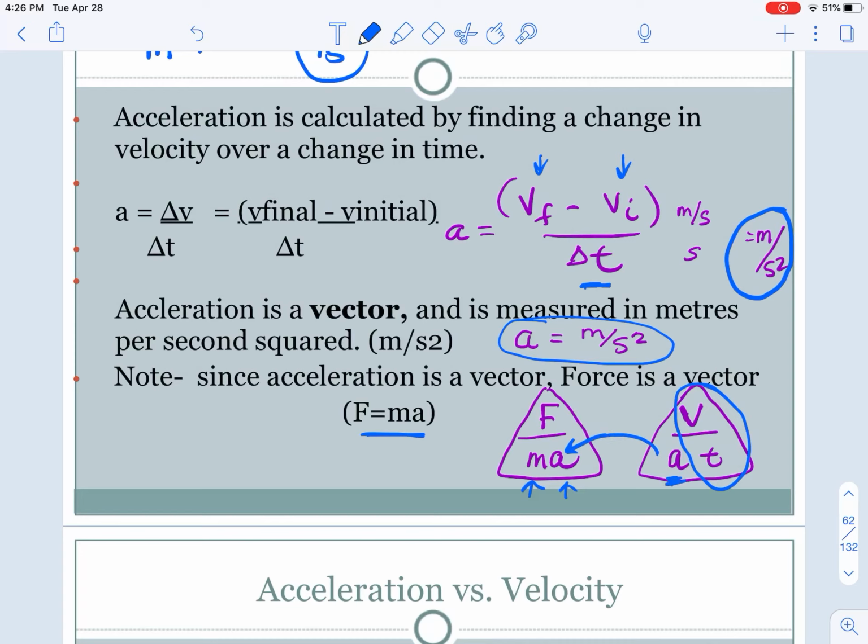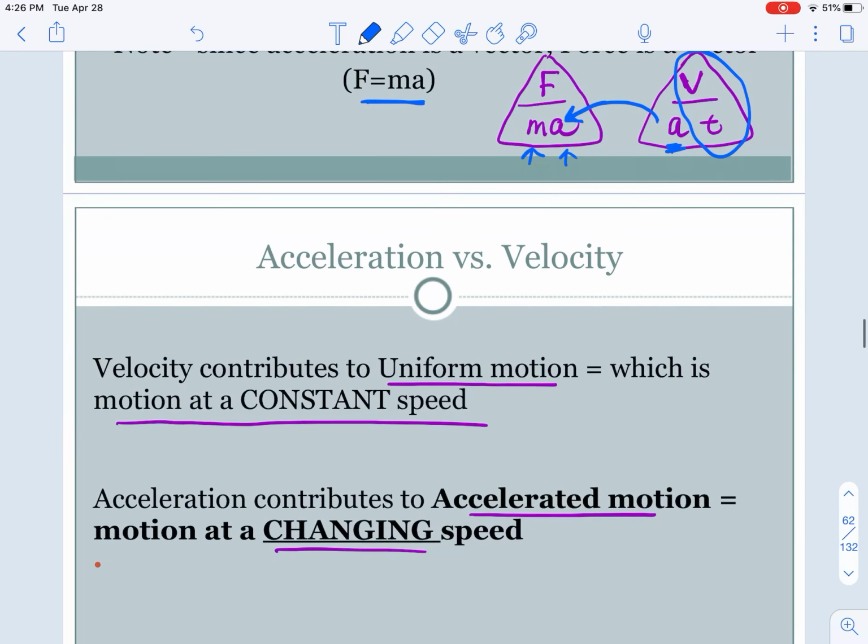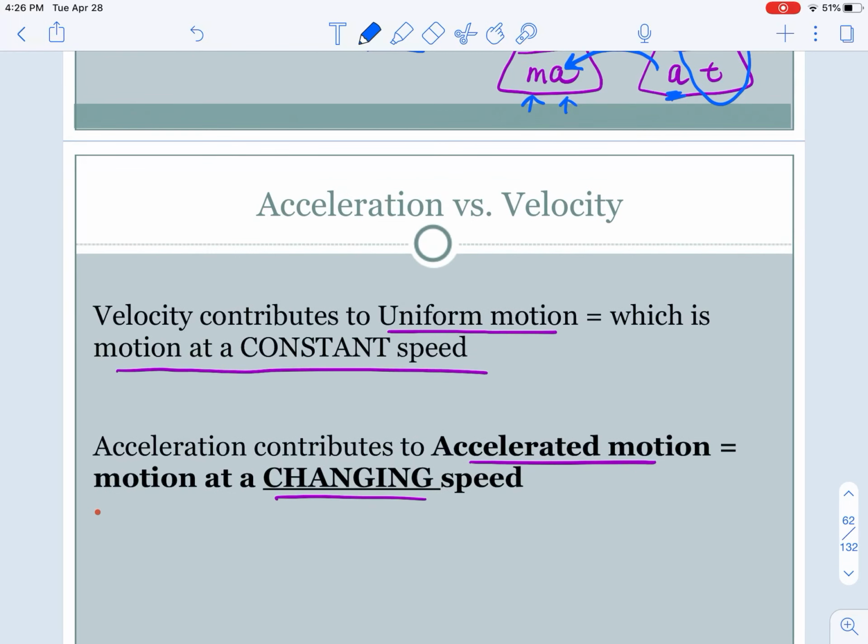Once you get the velocity divided by time to get acceleration, you guys know how to use this triangle, then you may have to take that acceleration and put it into this formula and find out whichever one they're looking for, force or mass, depending on what the question is. I just wanted to show you how those two go together in case you get a question like that.